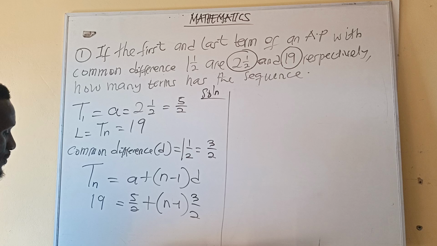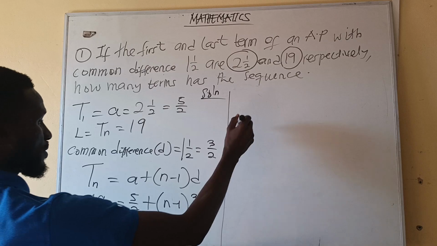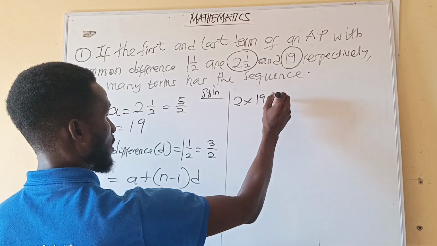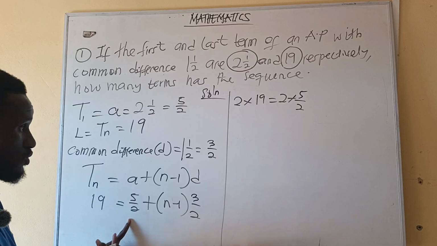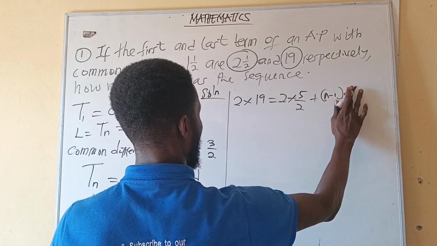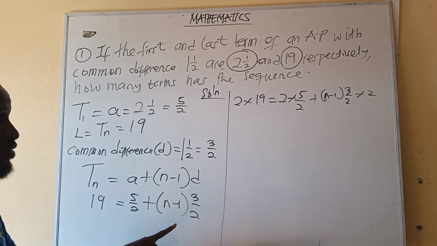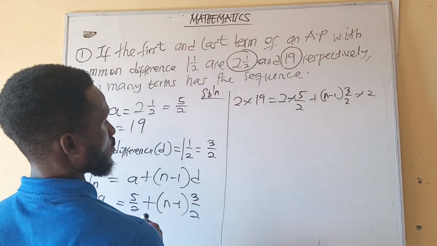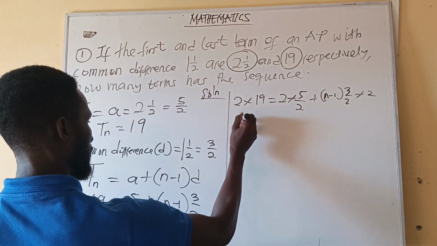Now I want to multiply through by the denominator, that is 2. What is 2 times 19? 2 times 9 is 18, so we have 38.